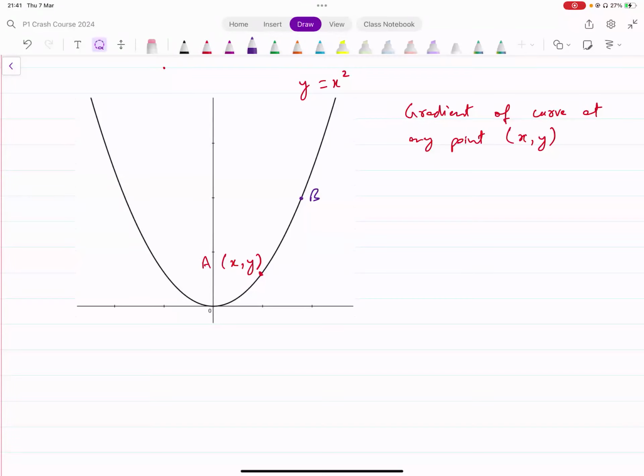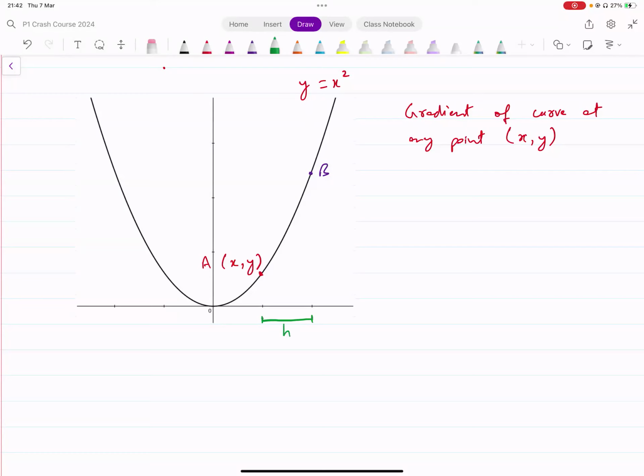And we take that second point B in such a way that it is at a certain distance away from the first point on the x-axis. So this original point was A, this point B, let's say the distance of point A from point B on the x-axis is h units.